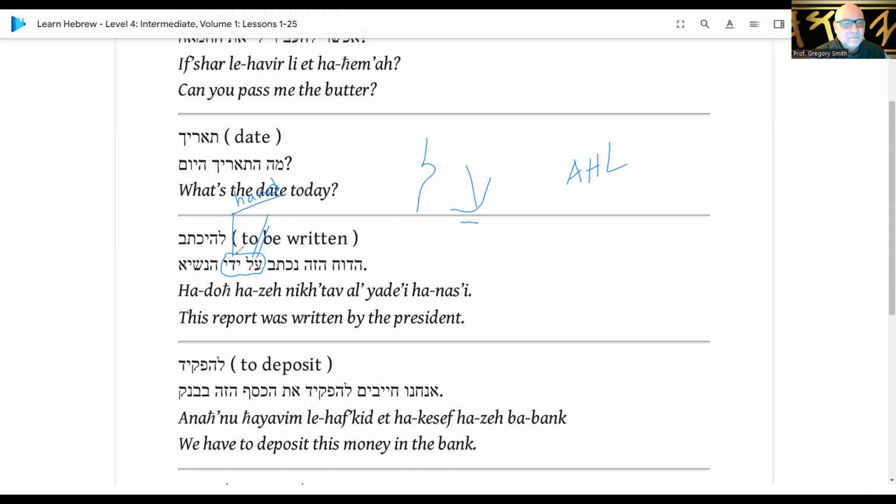So this is like my hand. So it's like by my hand, hanasi. You see that? How I broke that down? So by my hand, and which hand is it? Hanasi, right there. Yedei hanasi.